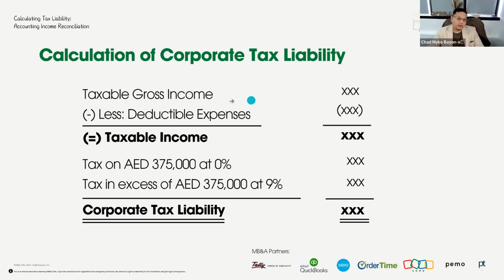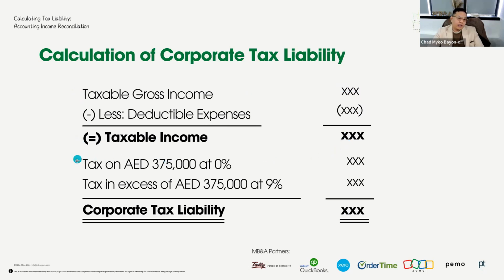So normally, this is how you will be doing the taxable income. You identify what your gross income is, what is included as part of the taxable gross income or your sales, and then you deduct the acceptable deductible expenses, and then you will be able to get the taxable income. So this is generally the way of calculation of your taxable income in different countries.